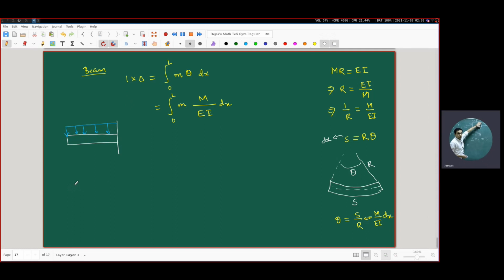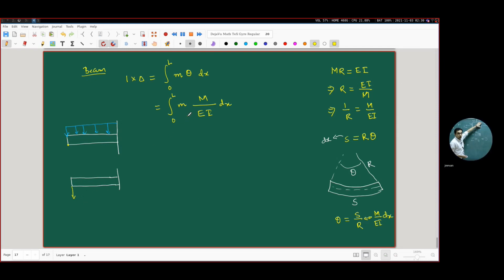Just to make it clear, if you remove the loading and consider the beam, and let's say you desire the deflection here at this end, then you apply your virtual force at this point, and anywhere in the beam you will obtain the expression of this small m as minus delta P into x, just like before.